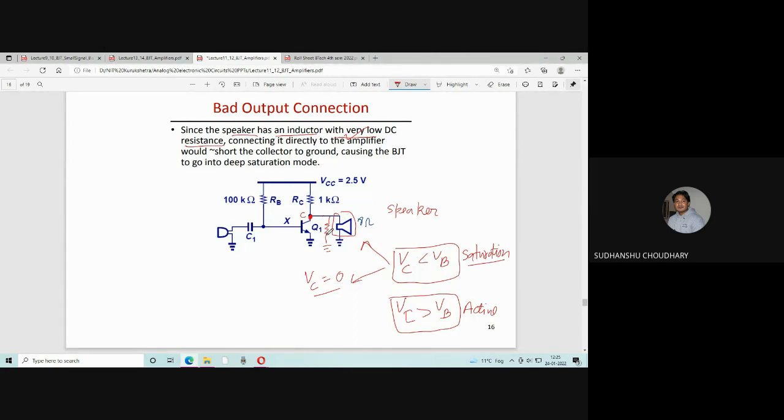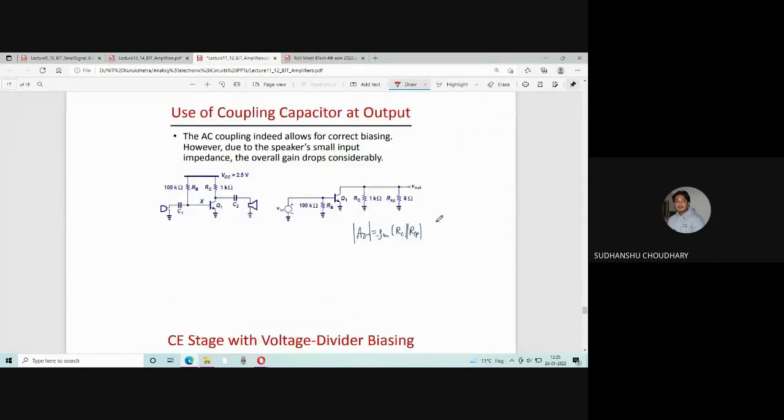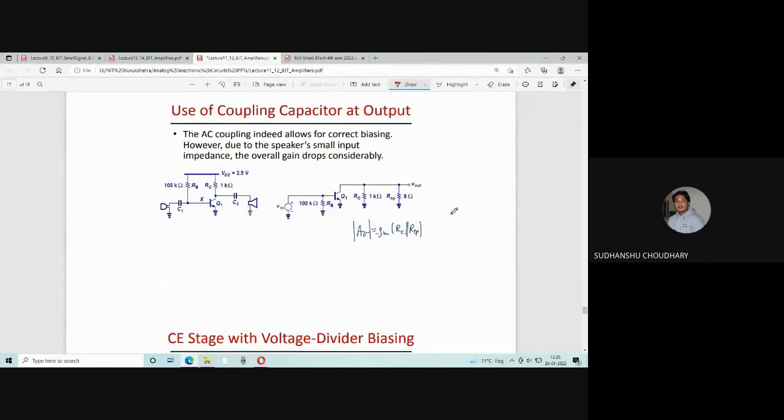One can again rectify this problem by simply connecting a capacitor over here in between the collector and the speaker, as we had done for the microphone at the input. So one can correct this circuit by connecting a capacitor at the output.